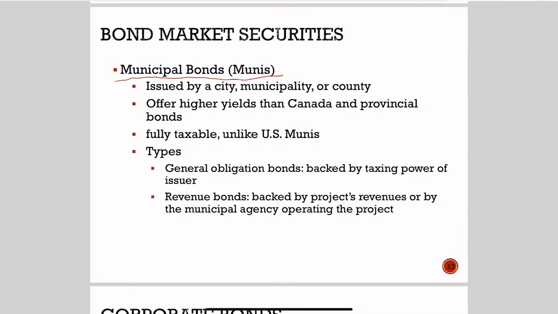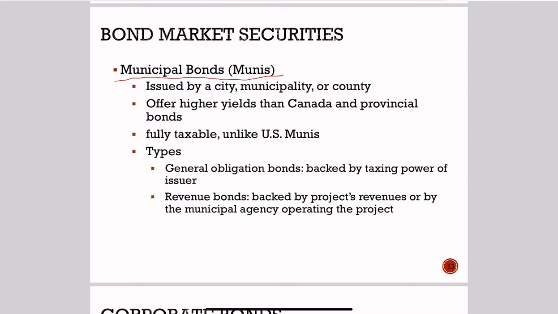In the US, let's say if you live in Arizona and you buy Arizona bonds, in this case, interest payments from the Arizona bonds are fully tax free if you're an Arizona resident. So there are different taxes on munis in Canada and in the US.